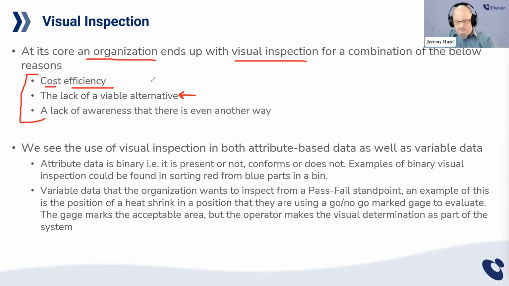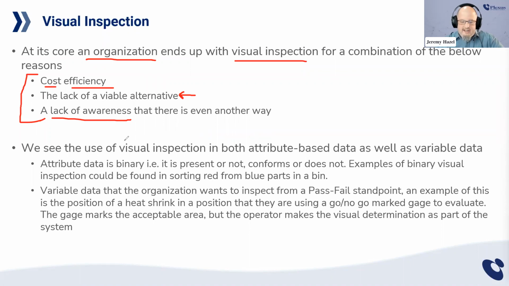What you are looking at may be so convoluted and so complex that some sort of a more, let's say, mechanical option hasn't even been created yet. And if you are a smaller company, there may be a lack of awareness that there are other best practices out there in the field that would get you a better inspection than you have today.